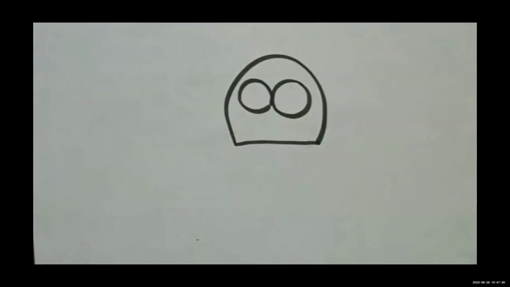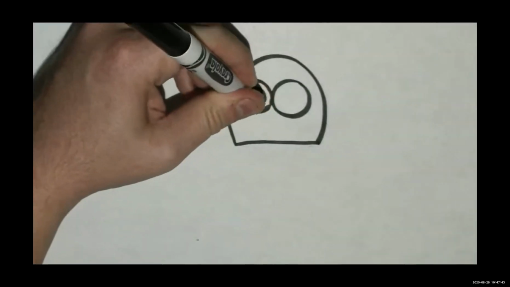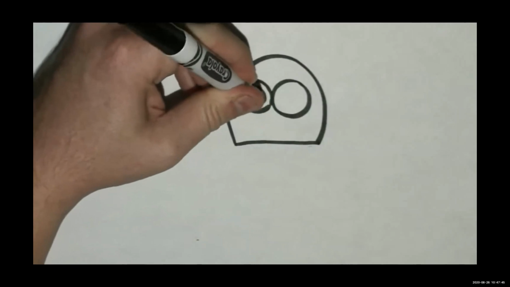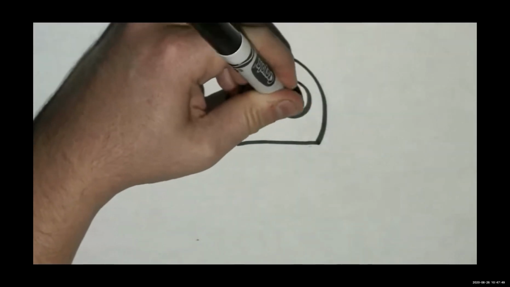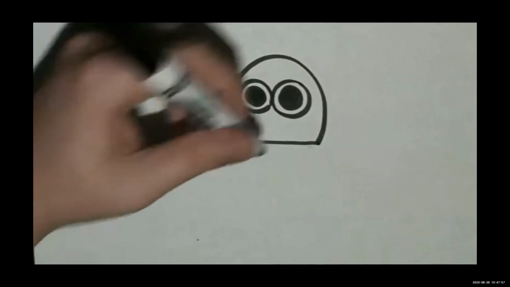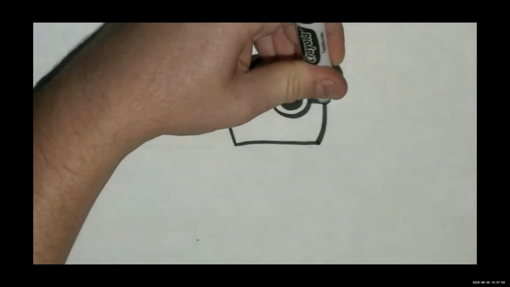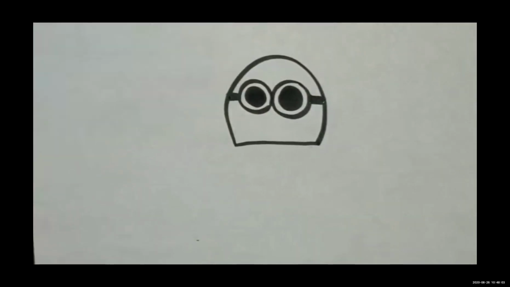And inside each circle, I want to draw another circle and color it in black. Then I want to draw two bands coming off the side to the head. That's what's holding on his goggles.